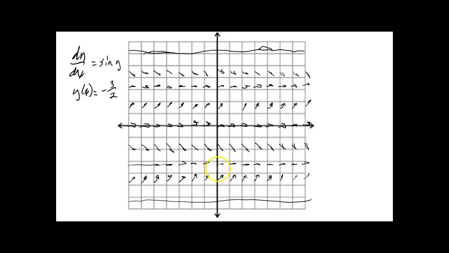Whoops, 3/2 would be here. No, I'm sorry. Yeah, x equals 0, y is equal to negative 3/2. That would be right. It's negative 1.5 is what I had to begin with. Awfully close to here, that point right there.